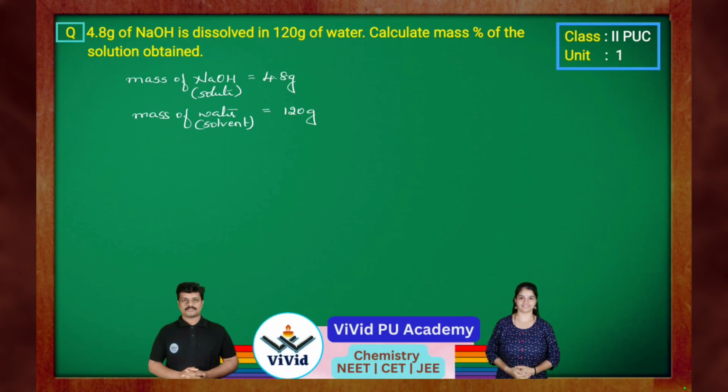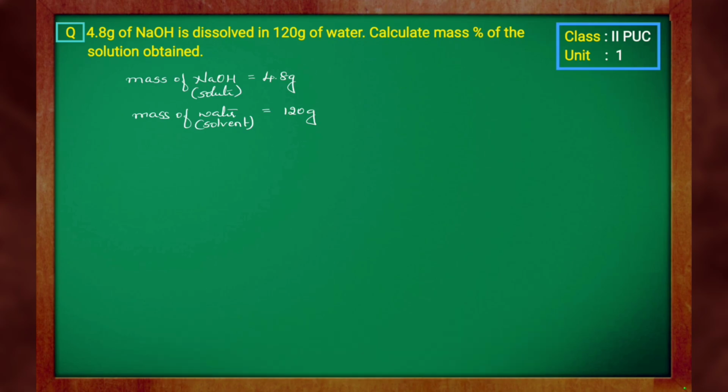Since they have asked for the mass percentage of the solution, as the solution contains solute as well as solvent, we need to calculate the mass percentage of solute as well as the mass percentage of solvent. We have the formula: mass percentage of solute is equal to mass of solute divided by mass of solution into 100.